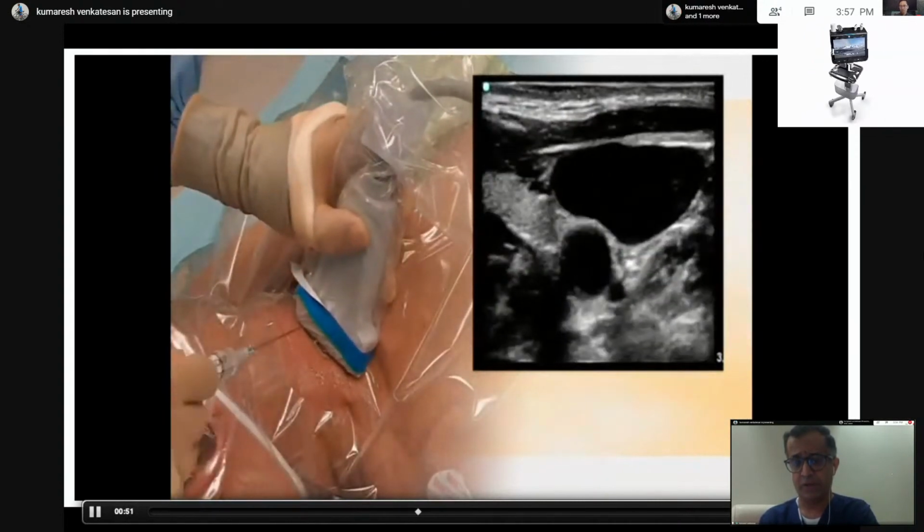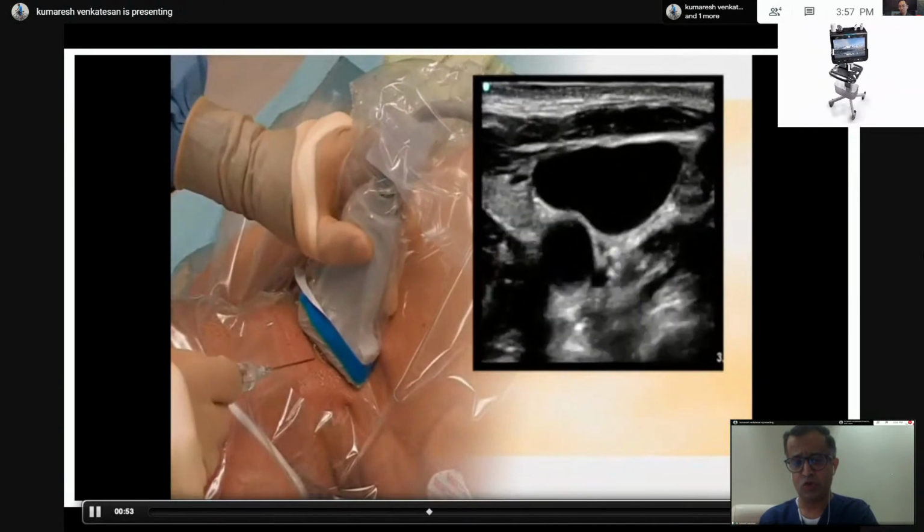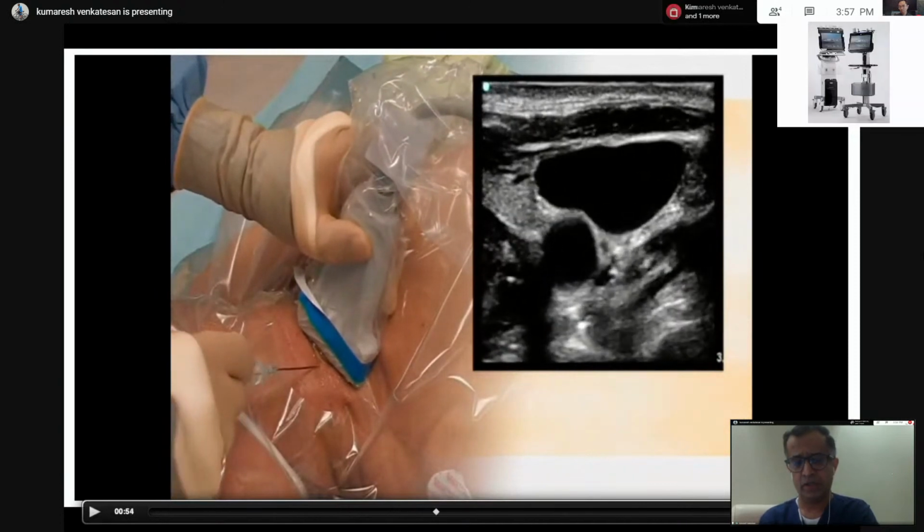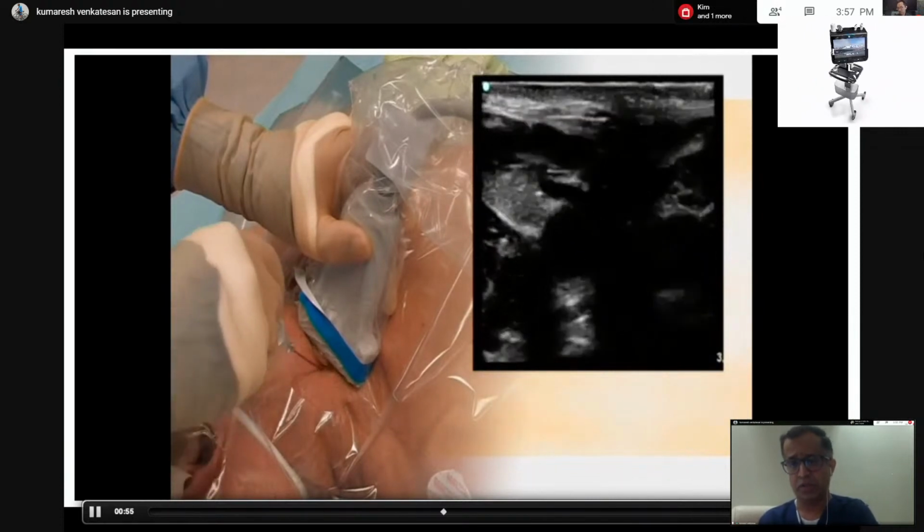And again, if you look carefully here, the operator is holding the syringe and the needle as mentioned earlier in the slide, as you would do in a landmark technique. The disadvantage of this is, look what happens when the operator is making a skin puncture. It completely distorts the image.